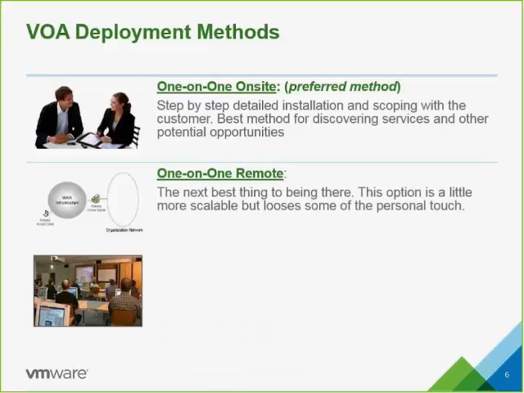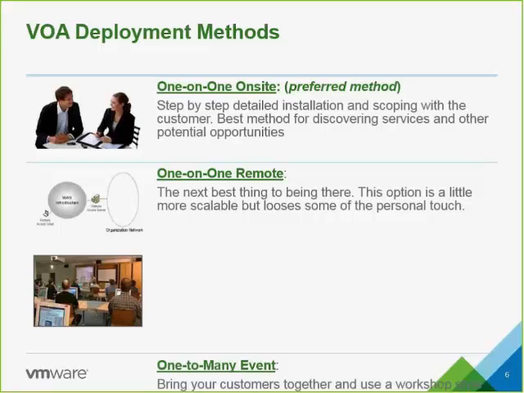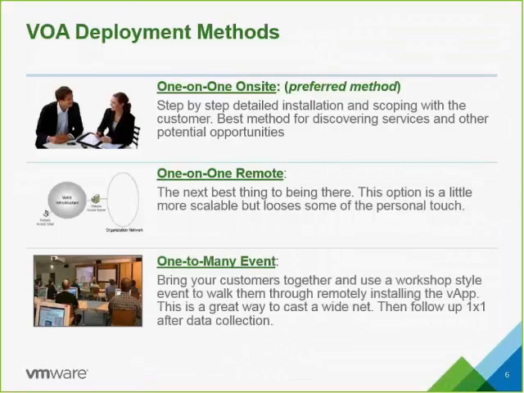And finally, you can do a one-to-many event showing several customers at once. You can hold an event and show the deployment of vROps into one of the customer's environments, yet you're showing it to several customers at once, so you're getting more bang for the buck as far as your time and effort and the return on it. That's a great way to do it if you can pull that off.